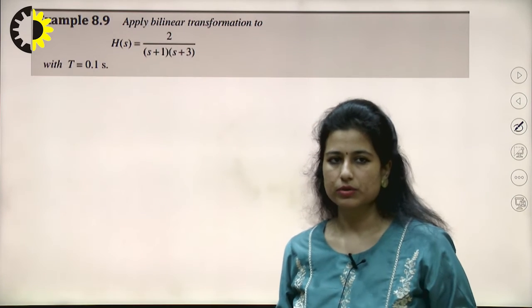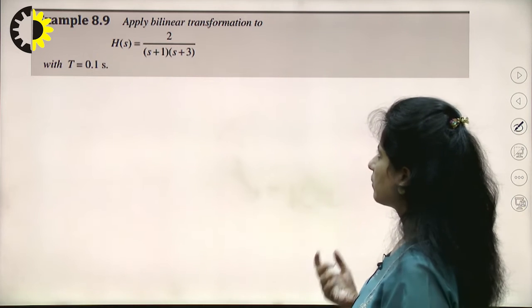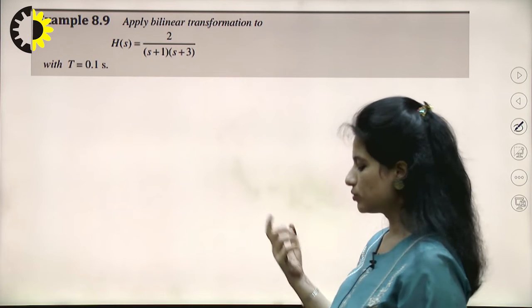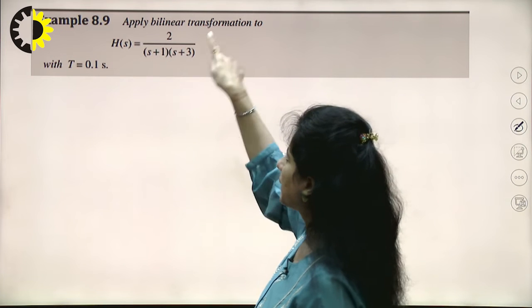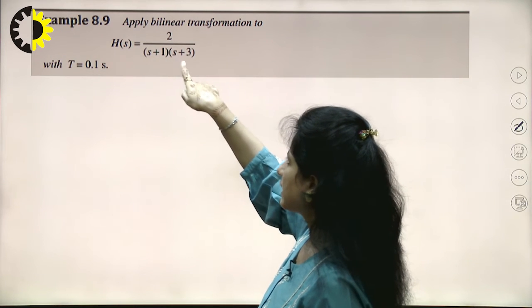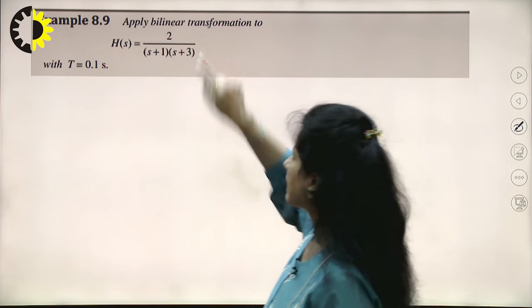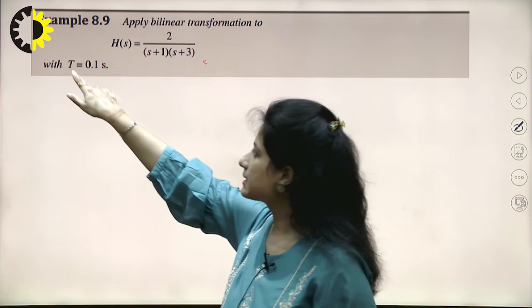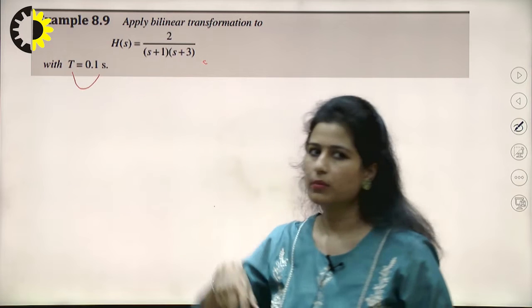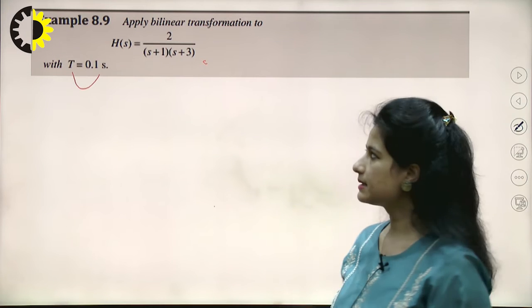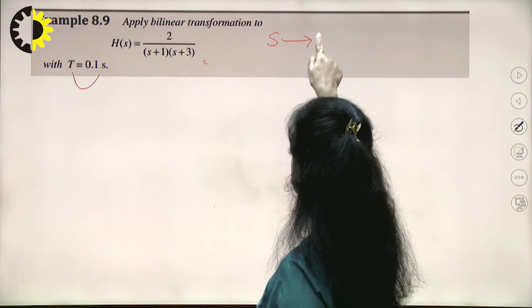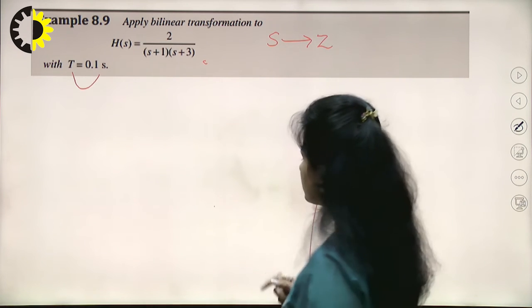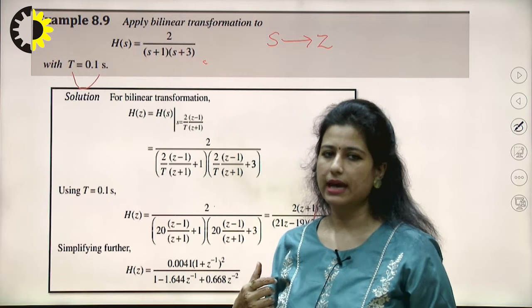So let us see some numerical problems on how we implement this transformation on an analog function. Here the analog function is 2 over (s plus 1)(s plus 3). I need to use bilinear transformation, and the sampling time period is given to be 0.1 second. So this is direct substitution. S has to be converted into Z, so whatever relationship we derived in the previous slide would be used.